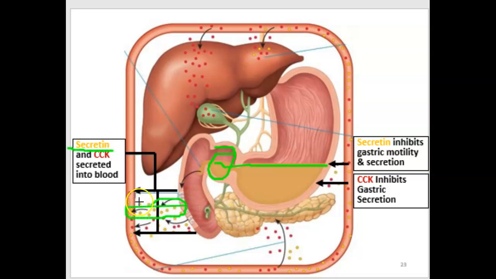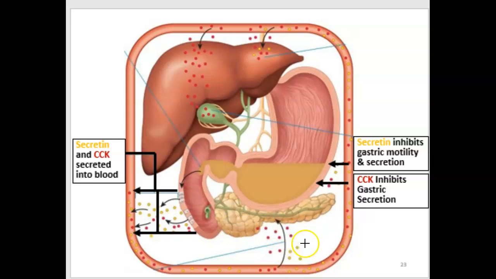Okay, and now the secretin is in the bloodstream. So secretin can affect many organs. We're looking now at how secretin affects the stomach when it travels in the bloodstream back to the stomach. It inhibits motility and gastric juice secretion. But we're going to see that later secretin is going to have an effect on the pancreas as well.